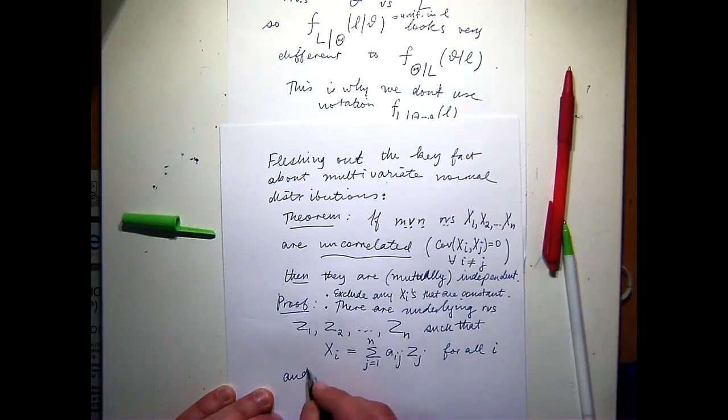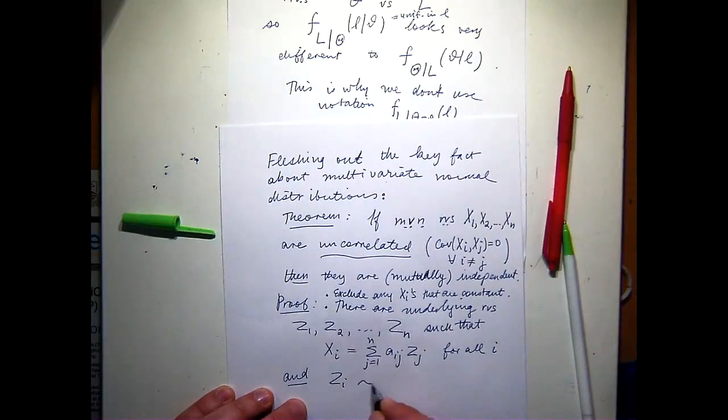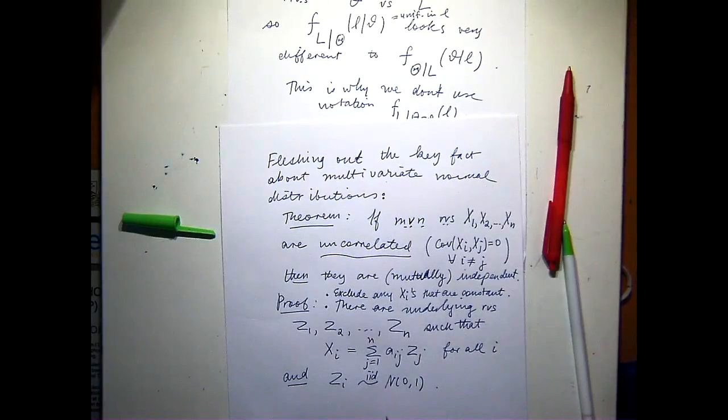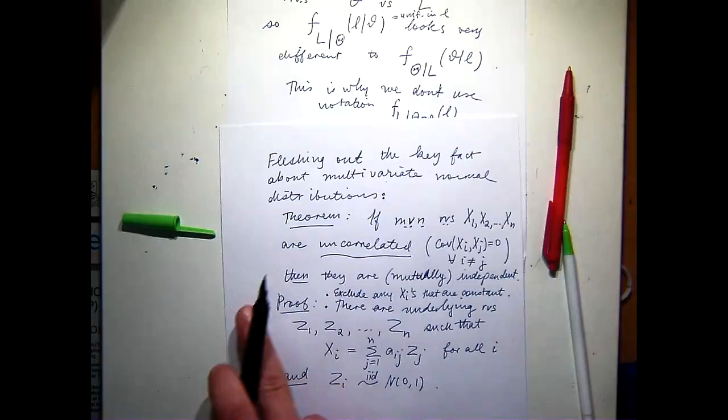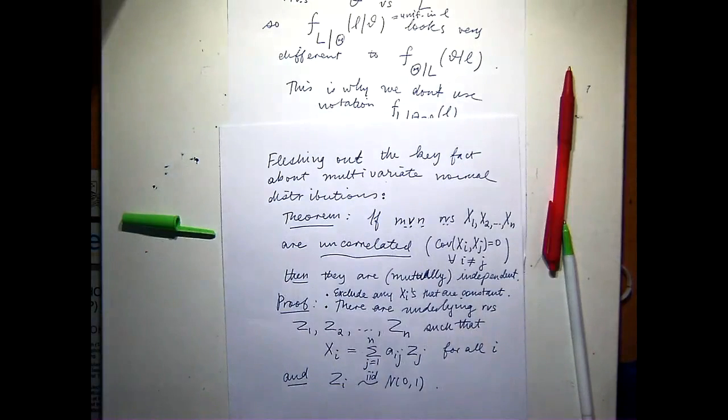And, well, of course, the name of the zi's should have suggested it: the zi's are all independent of one another, mutually independent, normal(0, 1). Now, that was the first definition I gave of multivariate normal. Some other books might take that to be a theorem about multivariate normal, but we'll take that to be given. But the key thing we're trying to work out is why are they mutually independent?